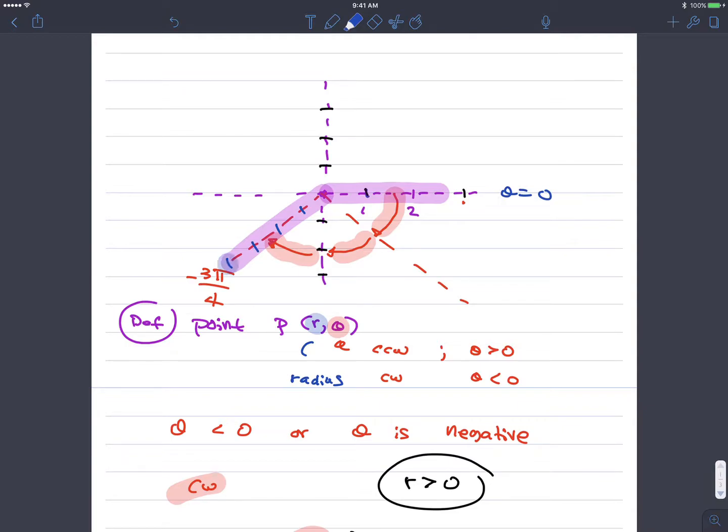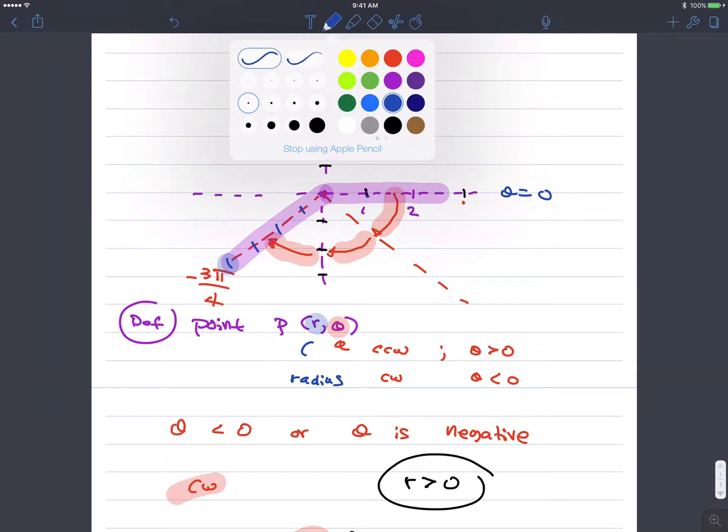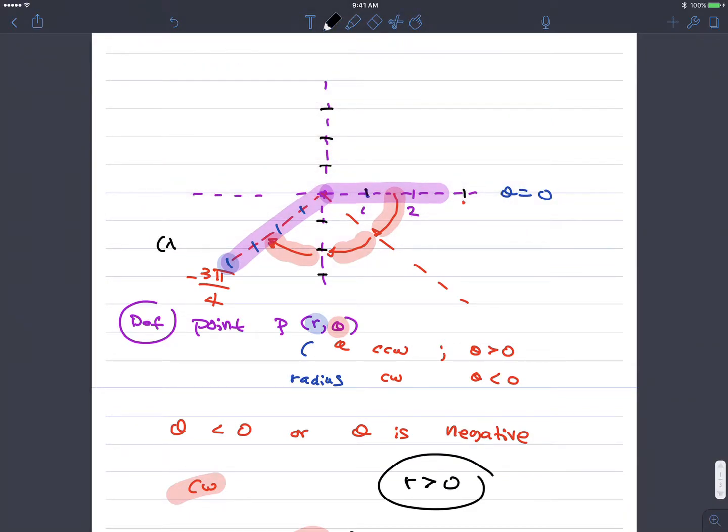The location of my point is right there. We would say here, (4, -3π/4). Again, positive radius values: 1 here, 2 here, 3, and 4 over here. This is the location of this point.